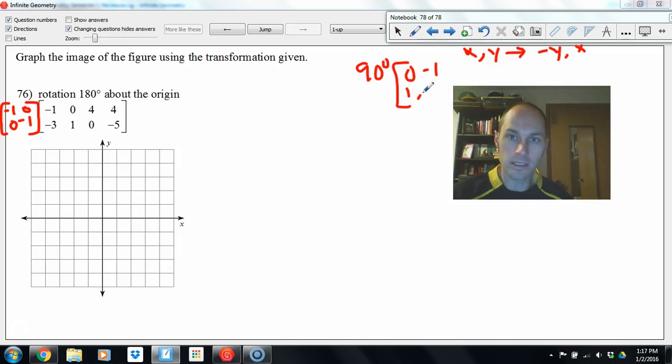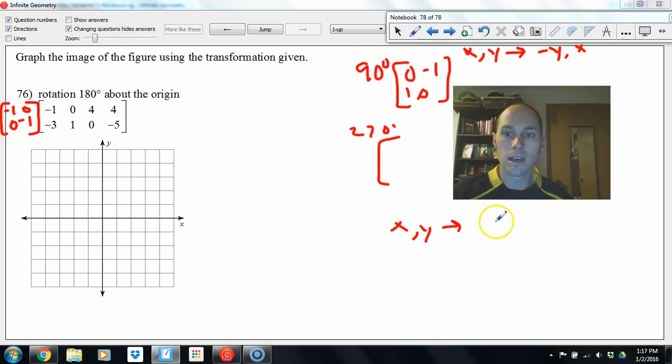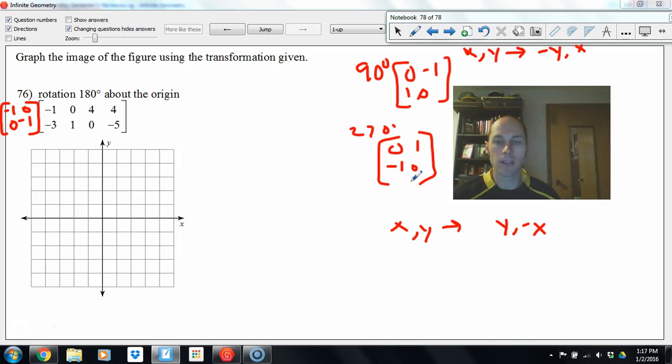So it would be 0, negative 1, 1, 0. 270 is kind of the reverse of that. x, y becomes y, opposite x. So we'll have 0, 1, negative 1, 0.